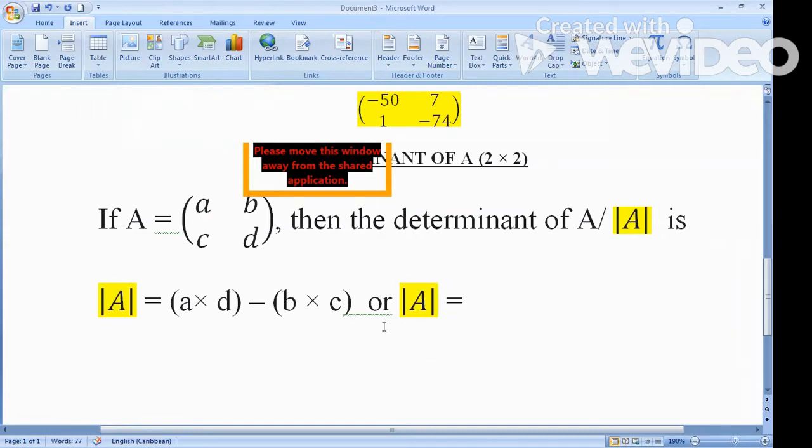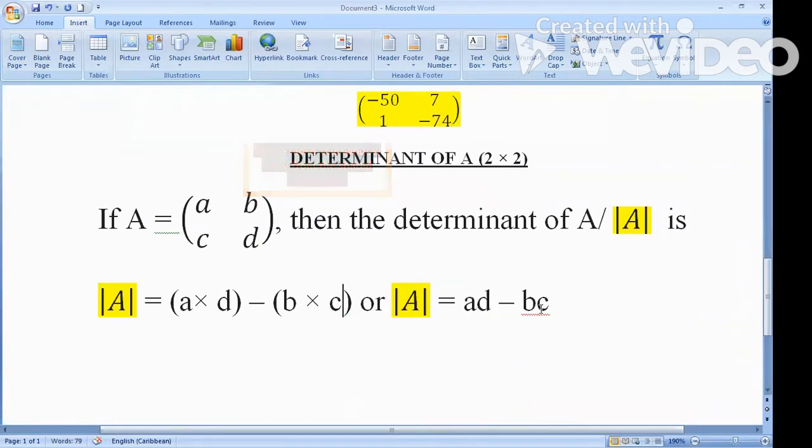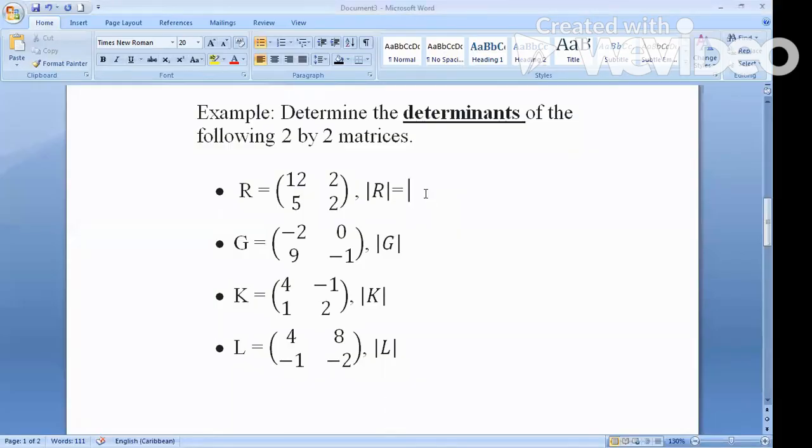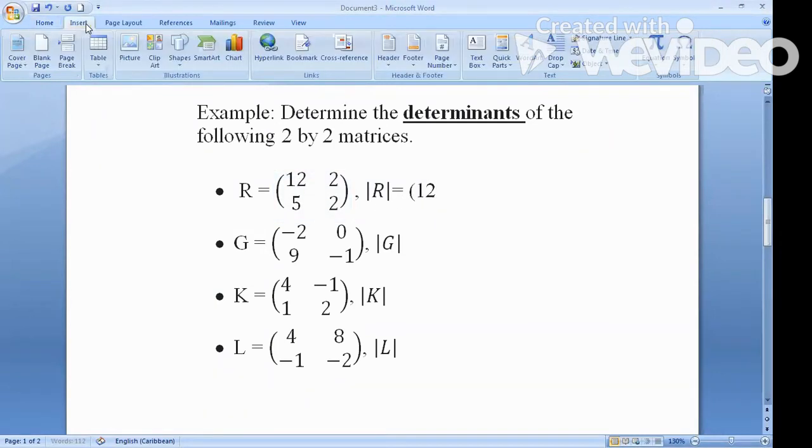Another way you could write it is just AD subtract BC. Any of those would work. So we're going to multiply the leading diagonal, which is 12 times 2, subtract 5 times 2, or 2 times 5.